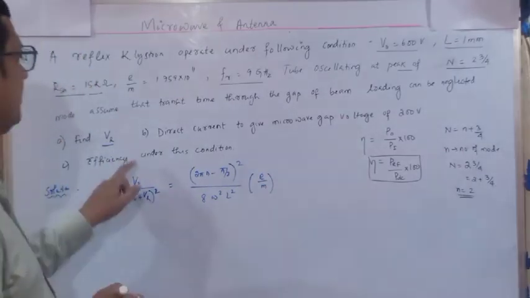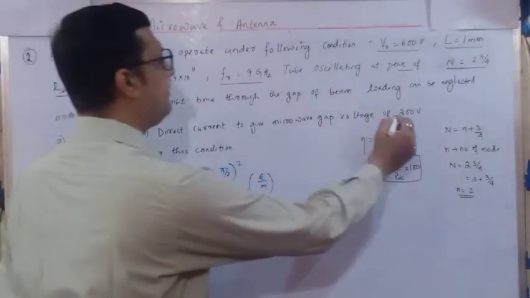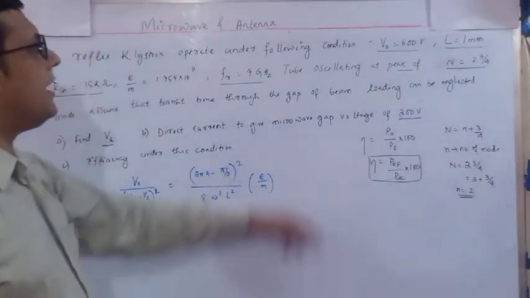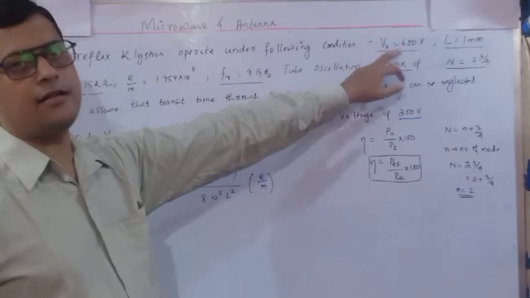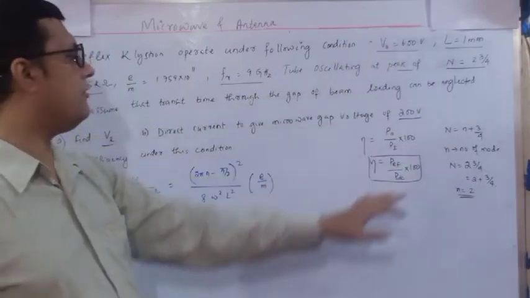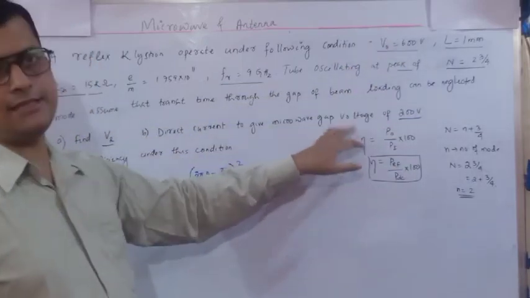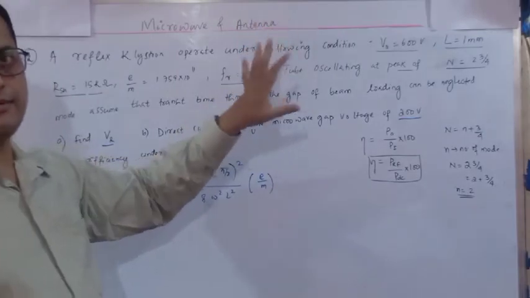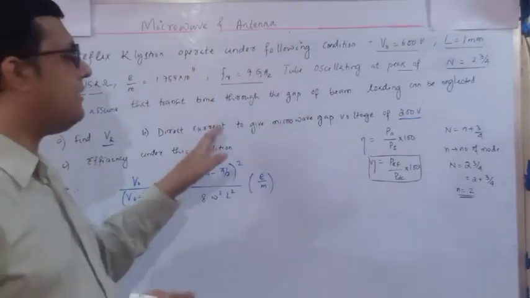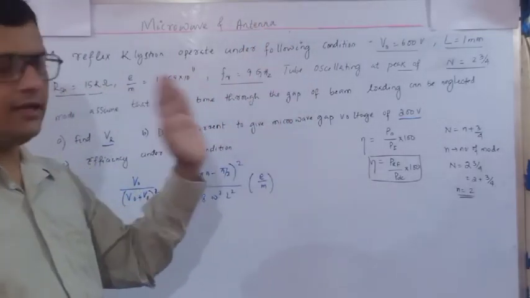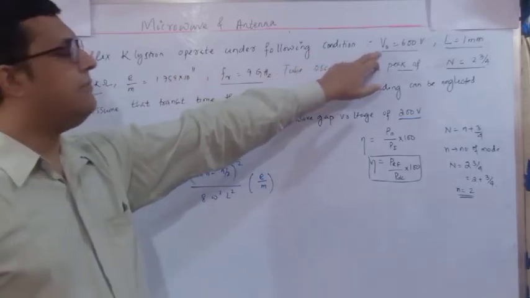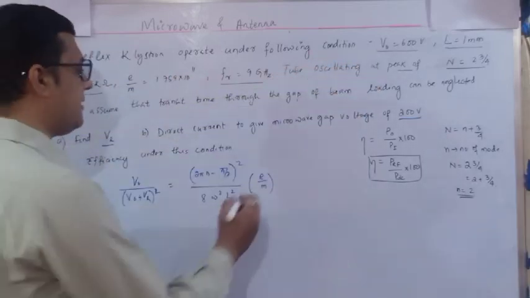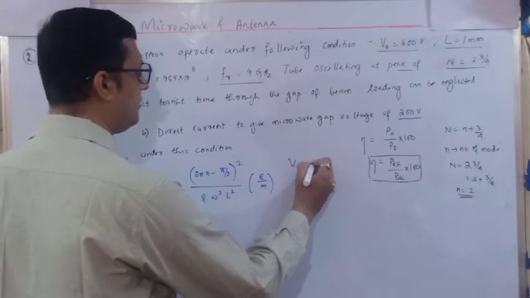Now according to this question, we have the DC beam voltage as 600 volt, and this gap voltage is our RF potential available in that gap, for which we have to calculate the DC current. Now the DC beam voltage is how much? 600. So V naught is equal to 600.